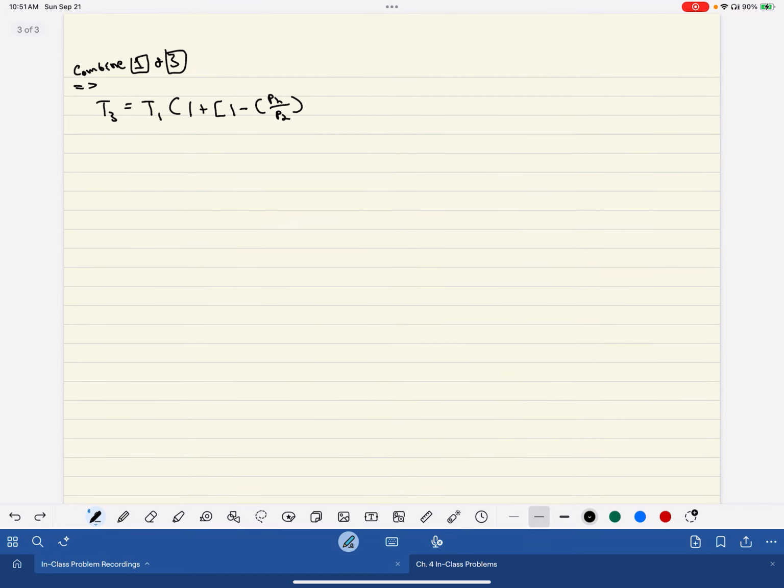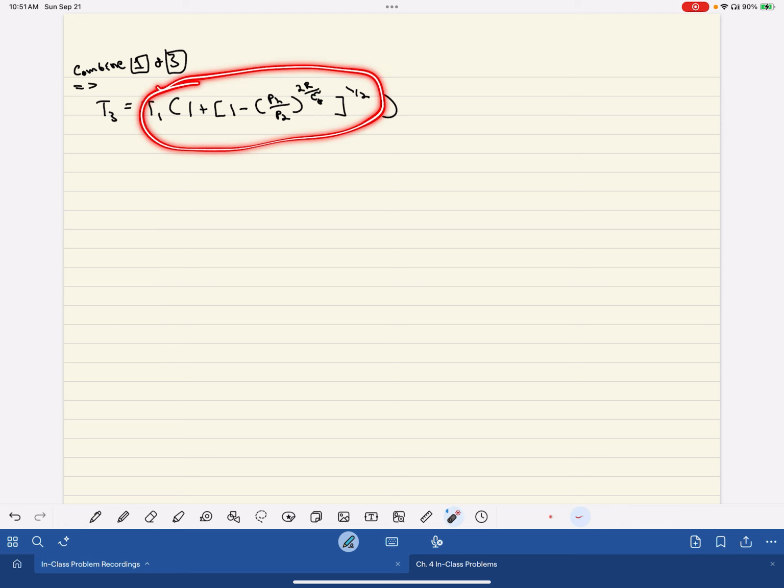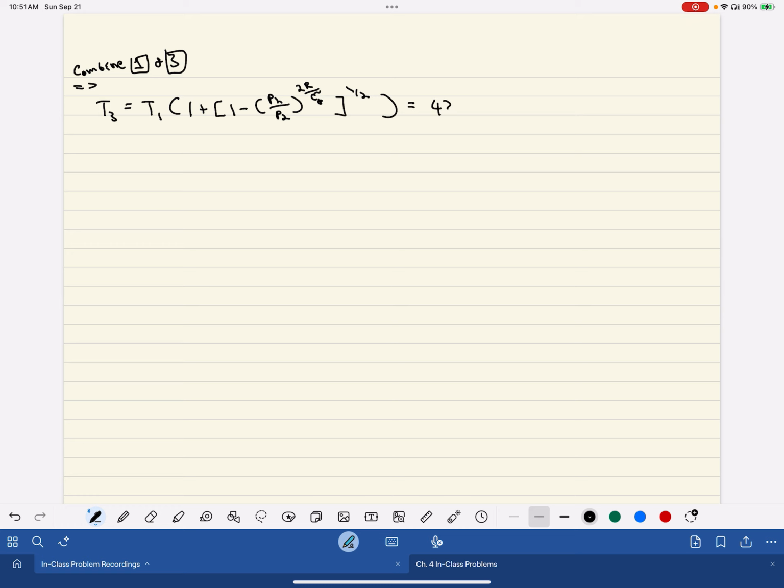This is going to be 2R over CP, raised to the 1/2. Okay. And we know everything on the right-hand side here, so all you have to do is plug in. When you plug in, you get 437 Kelvin.